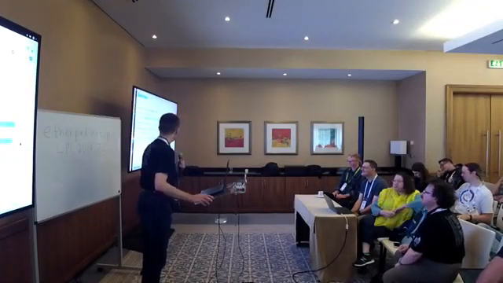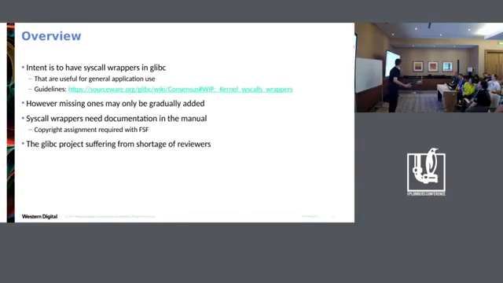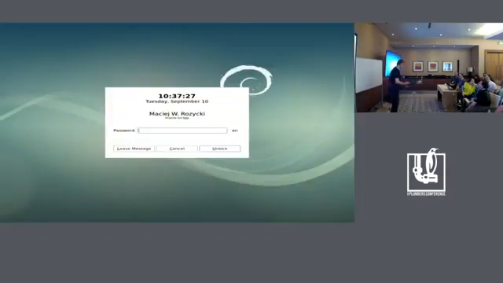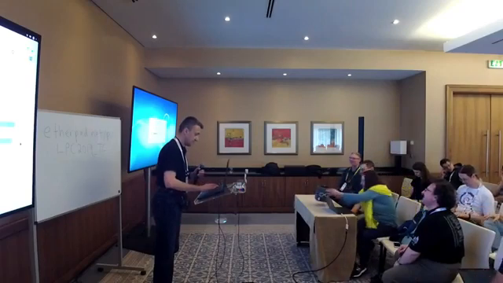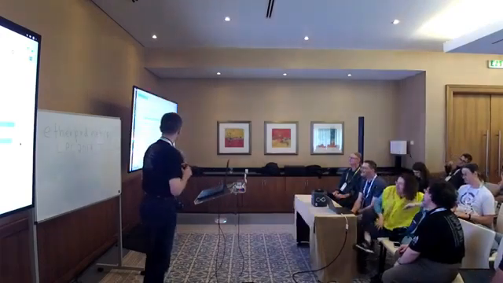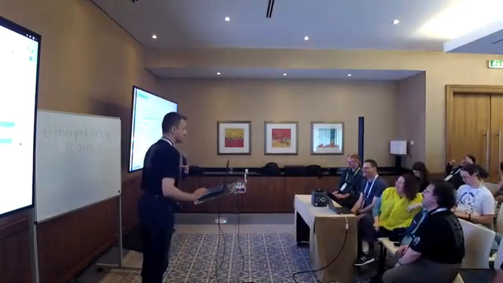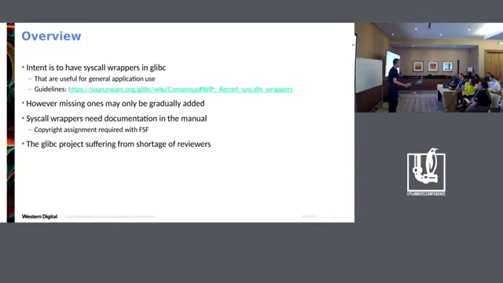And the final problem with adding more wrappers is essentially that we're short of reviewers. That's the usual problem. The glibc community is not very large at this time.